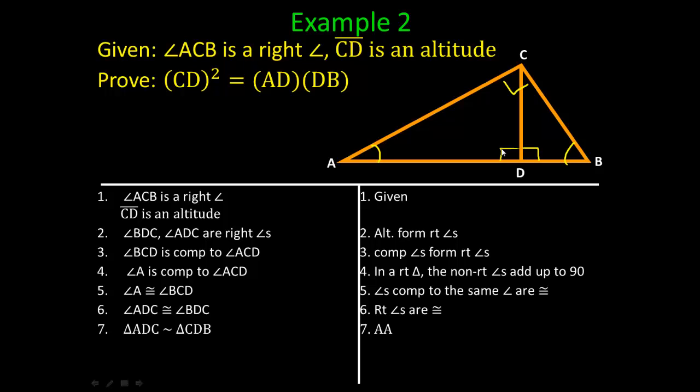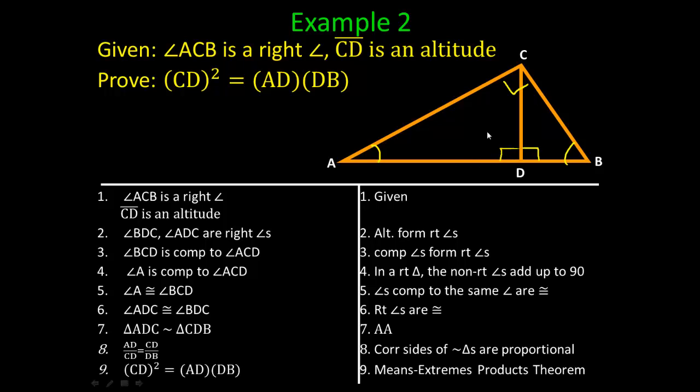And see, we're going to go back to proportions. We've got AD over CD is equal to CD over DB. Okay, notice the sides that correspond and everything. And then finally, CD squared equals AD times DB, and that's the means extremes products theorem.